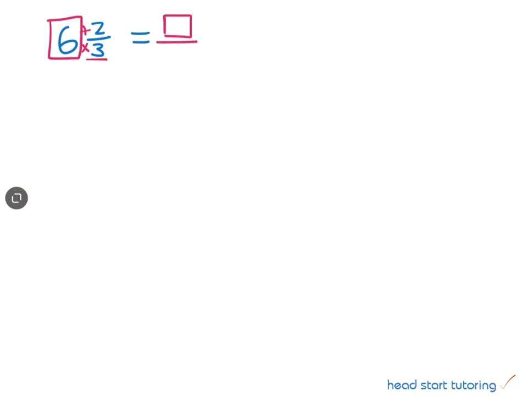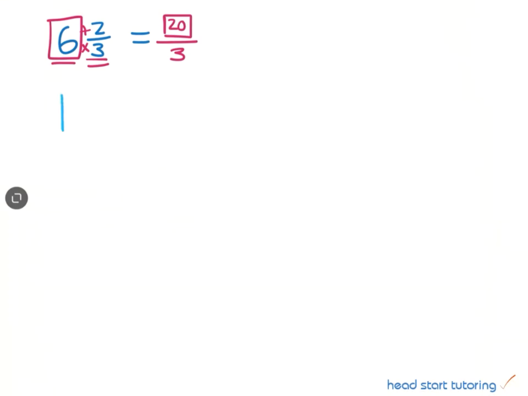And remember that with both improper fractions and mixed numbers, your denominator will always be the same. So our denominator will definitely stay as 3, but in order to find our numerator, we need to say 6 multiplied by 3, which is equal to 18, and then 18 plus our 2 to get our numerator is 20. So 6 and 2/3 is equal to 20 over 3.